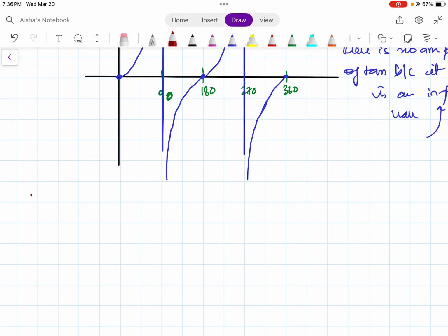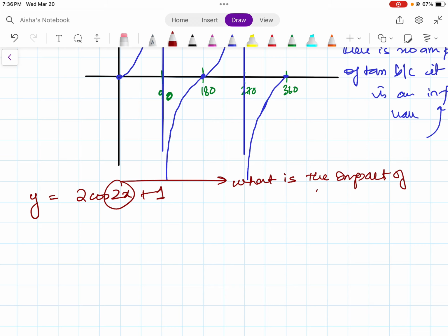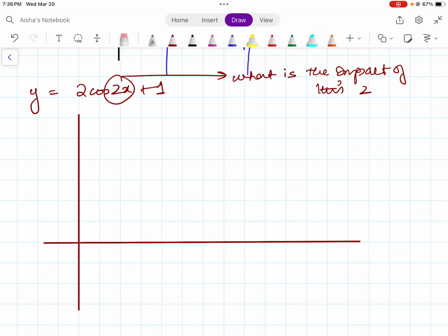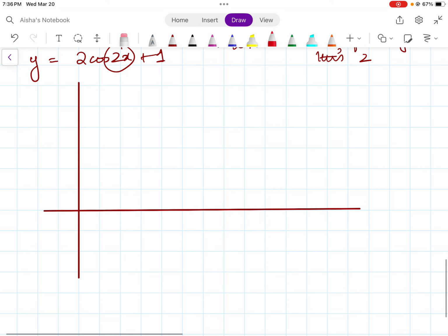Okay, now let's talk about if you have y equals 2 cos 2x plus 1. What is the impact of this 2? Alright, it means the regular intervals will decrease the step size. Decreasing the step size means that now your intervals are going to be 45, 90, 135, 180, 225, 270, 315 and 360.